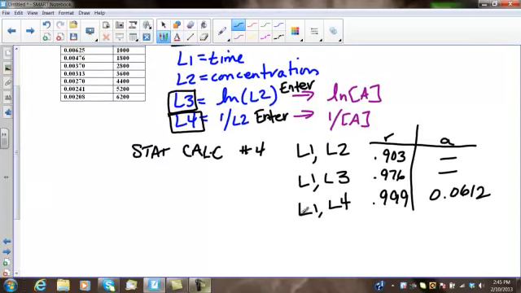So, L1, L4 is simply 1 over the concentration of A, which is second order. Had it been the ln of A, it would have been first order.